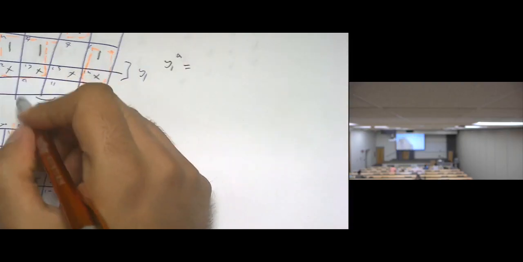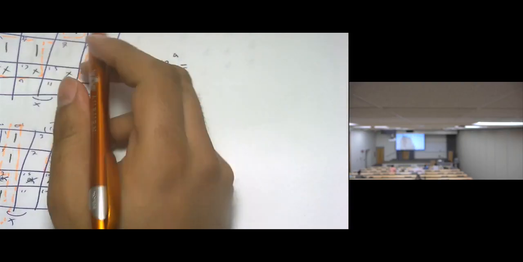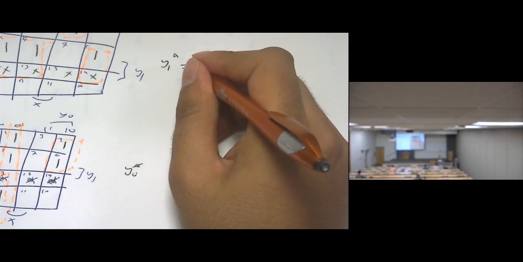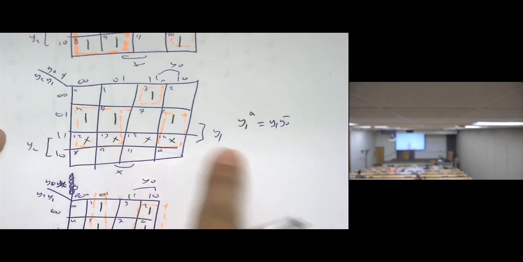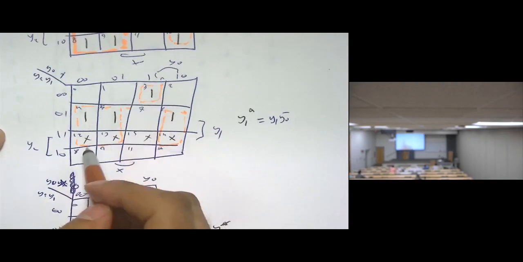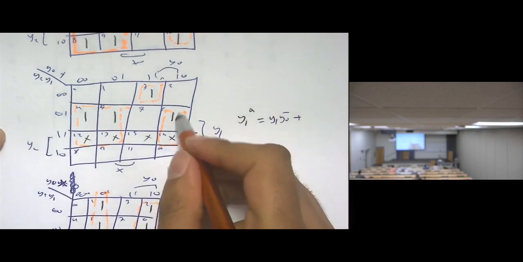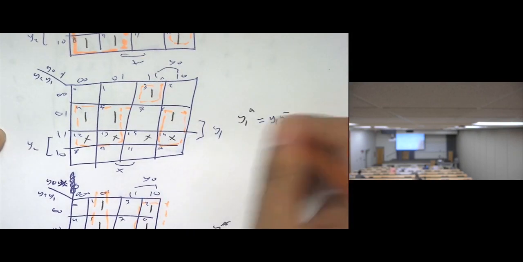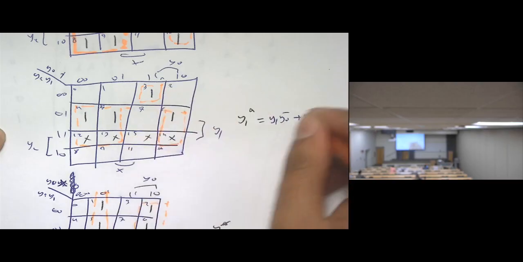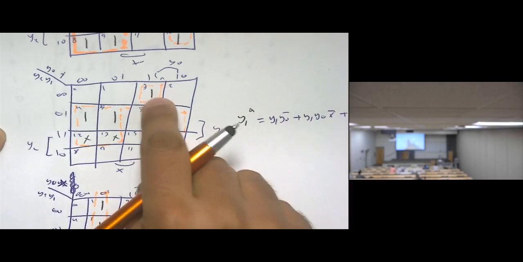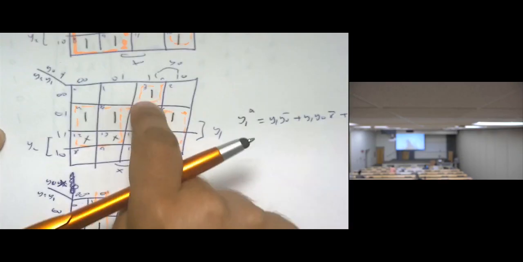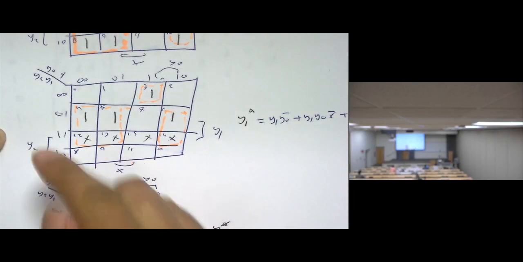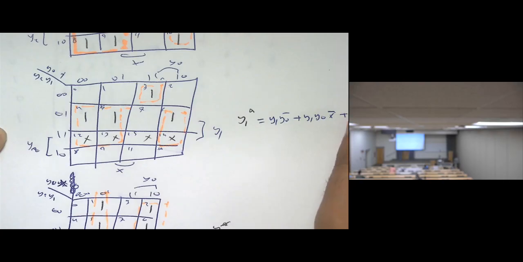This section is for y1, or here y1 and y0 bar, this square. y1, y0 bar, plus this pair is associated with y1, y0, and x bar. The last element should include four variables, which is y2 bar, y1 bar, y0, x. Okay?